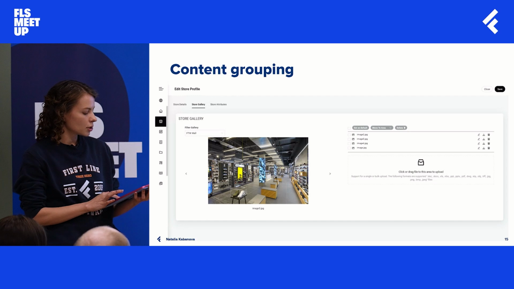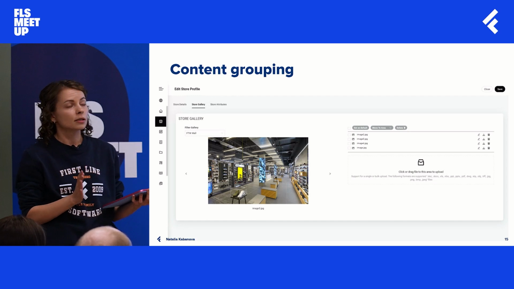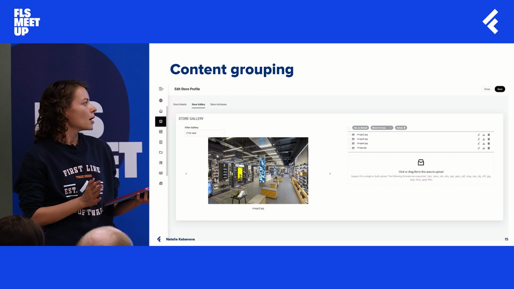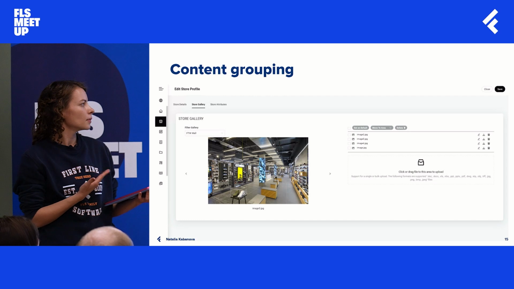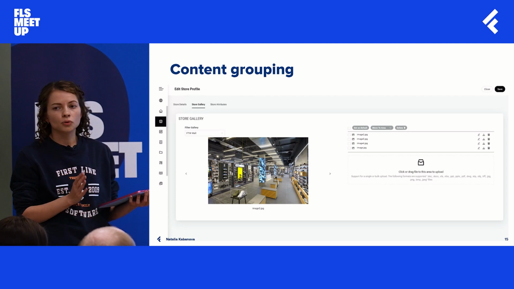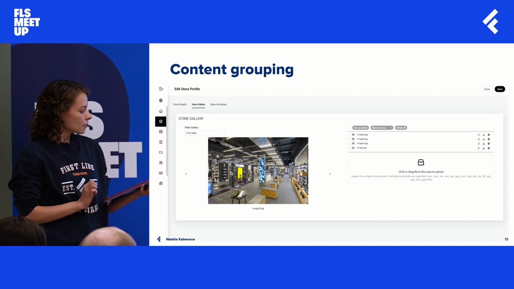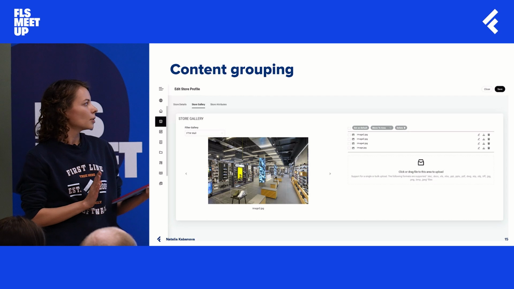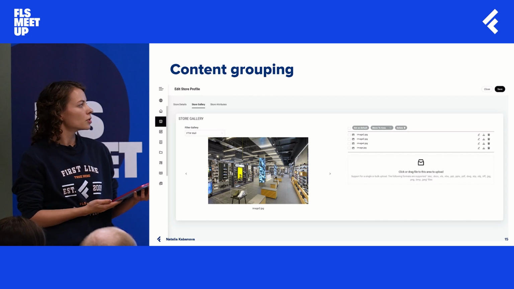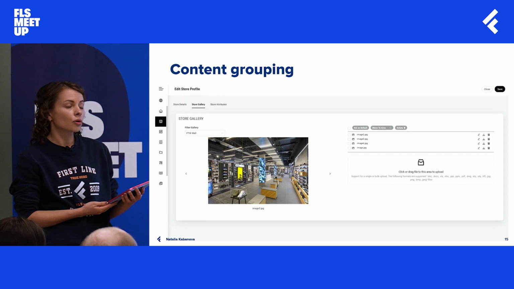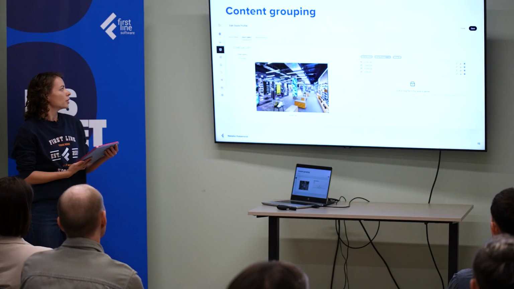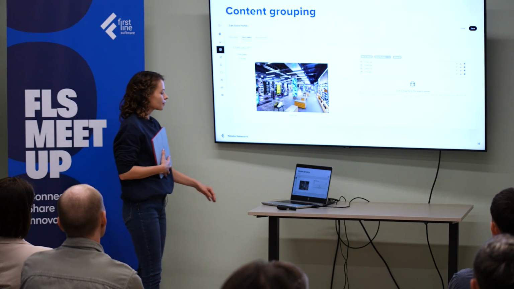We noticed that these images could typically be divided into groups based on where in the store they were taken, for example the entrance of the store, kids section, men's section, footwear, and so on. After this change, it became a lot easier to navigate through images, to replace the images which are no longer relevant, and to make other changes to store profiles.